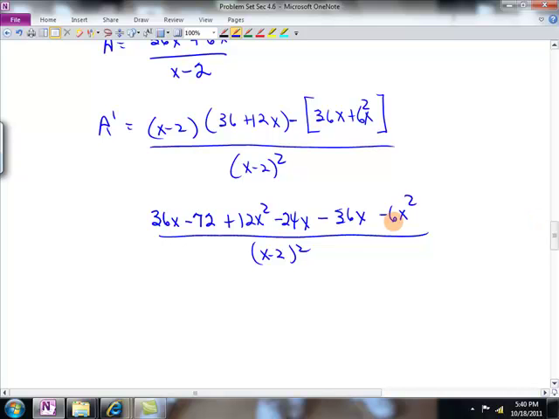Let's clean that up. So we've got 6x squared, we've got 36 minus 36, so we have minus 24x, and then we've got a minus 72. Okay? All right, so that's what A prime is. And the only thing you might do is factor out a 6 over there.